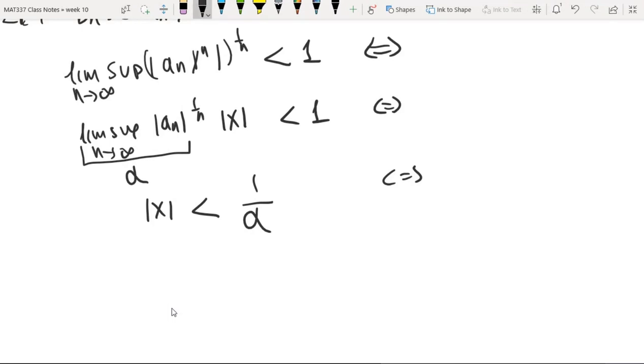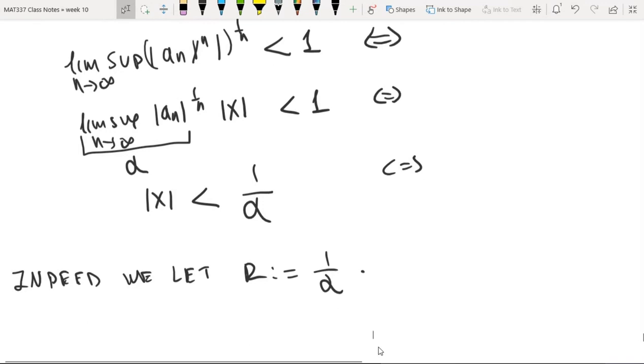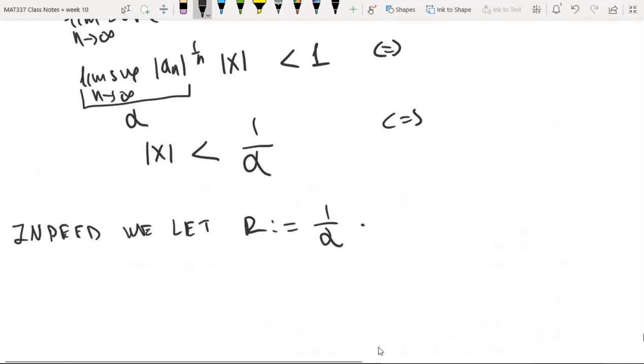So yeah, indeed, we let R be 1 over alpha. Now let's prove that in fact you have uniform convergence.